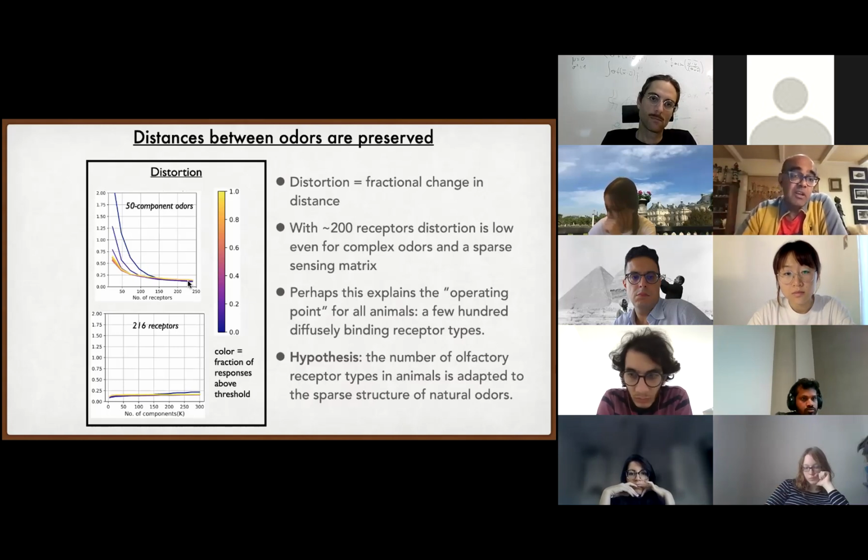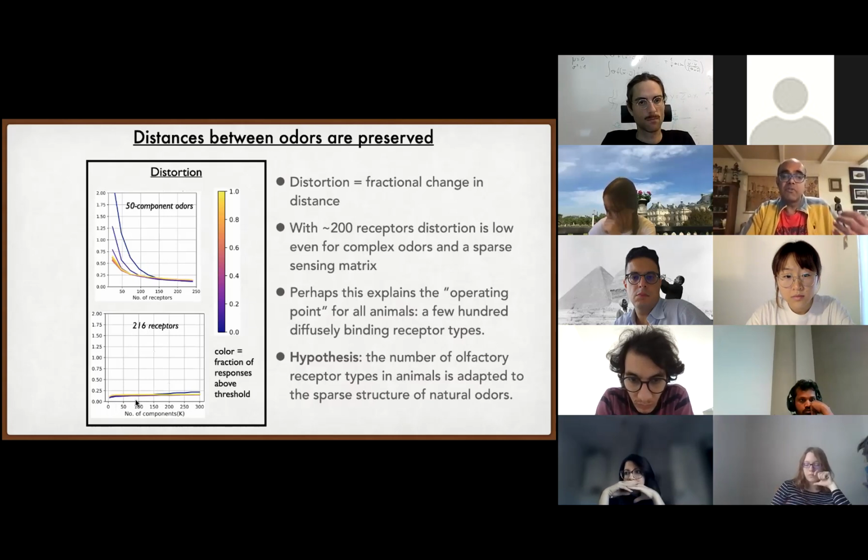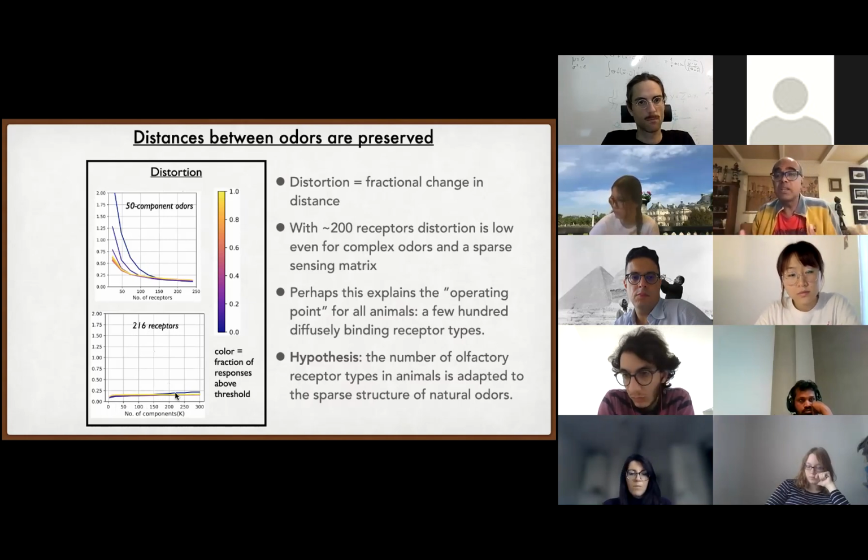And conversely, if you have about a couple of hundred receptors, 216 receptors in this case, then as you increase the number of components of the odor, from an odor composed of 10 components to a couple of hundred components, the quality of your decoding, of your reconstruction of the odor, barely changes.